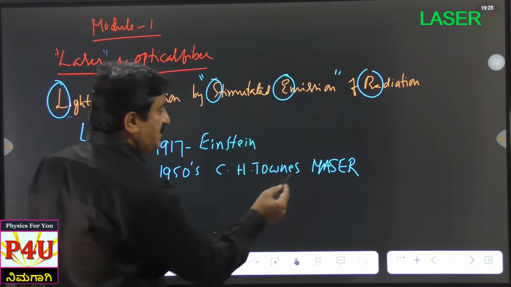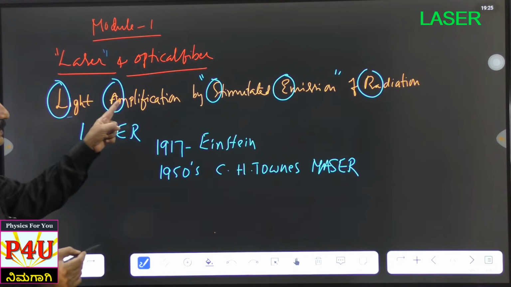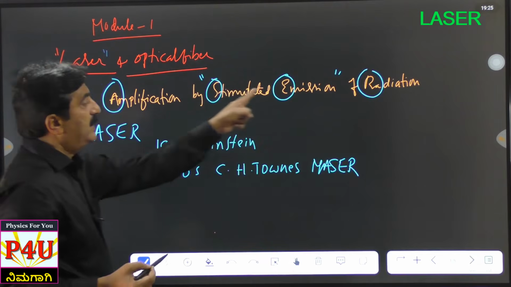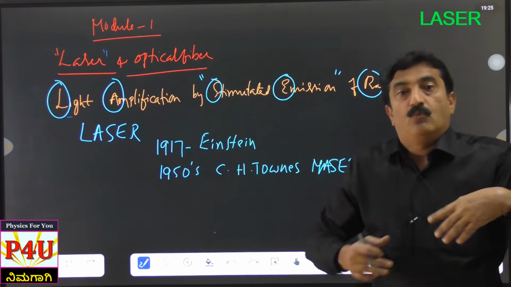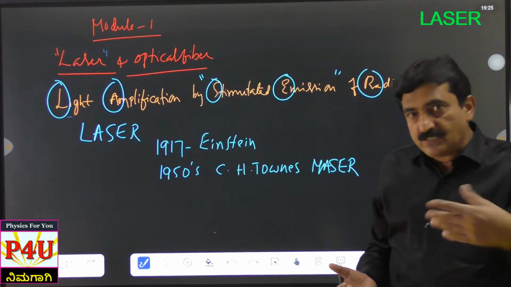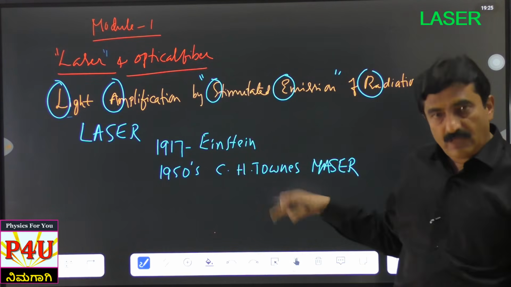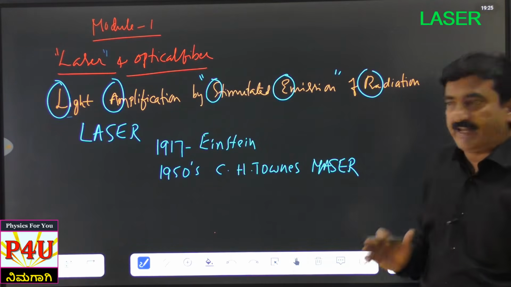Maser stands for microwave amplification by stimulated emission of radiation. So this is the beginning of working laser. Actually it is not laser, it is microwave amplification by stimulated emission of radiation.